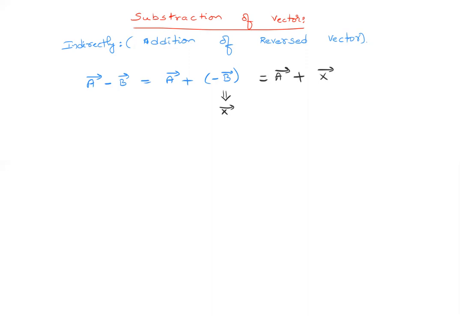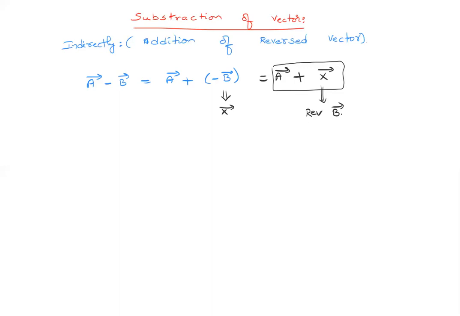It is the addition of a with reversed b, where x is reversed b. So indirectly, subtraction of vectors is nothing but addition of a vector with the reverse of the other. Whatever is being subtracted, that is your reversed vector.